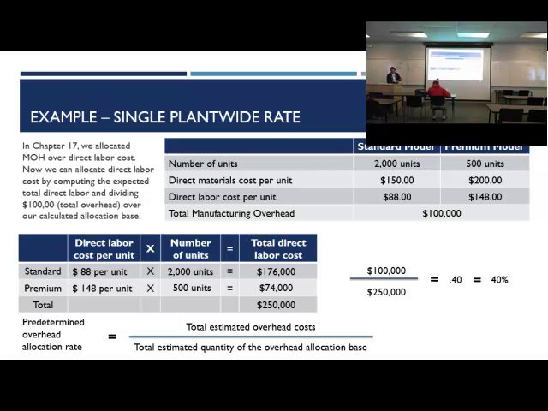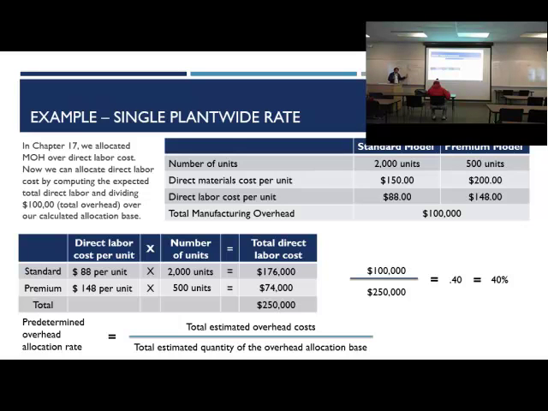If we're going to add to it 40% of direct labor costs, we get what? $35.20. What makes up the cost of a manufacturing process? Direct labor, direct materials, manufacturing overhead. So you add that up, you get $273.20.